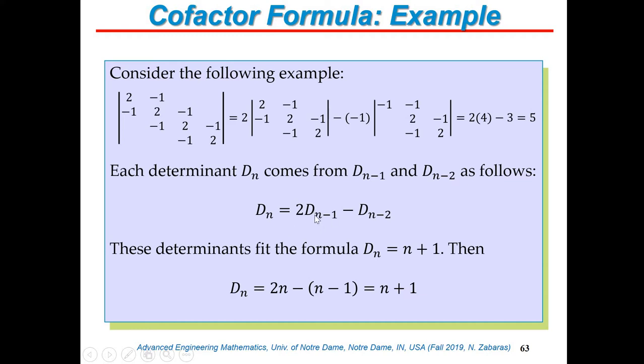So you can see the determinant of n minus 1 will be n, and the determinant of n minus 2 will be n minus 1. So 2n minus (n minus 1), you get n+1. Okay, so that's another nice way, the third way, to show that the determinant of a tridiagonal matrix is n+1.